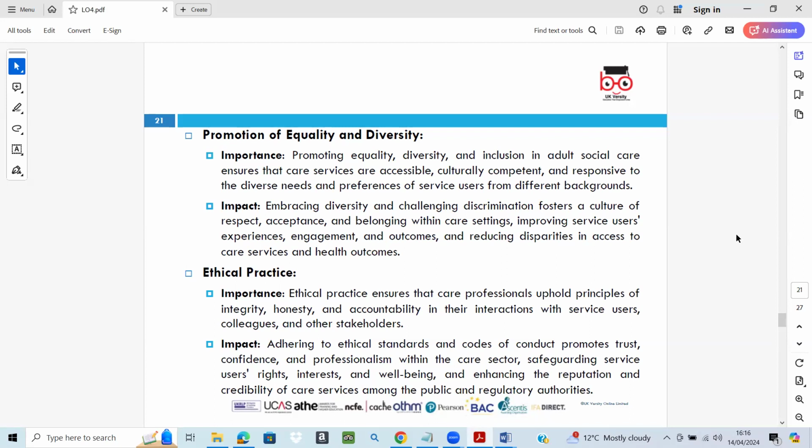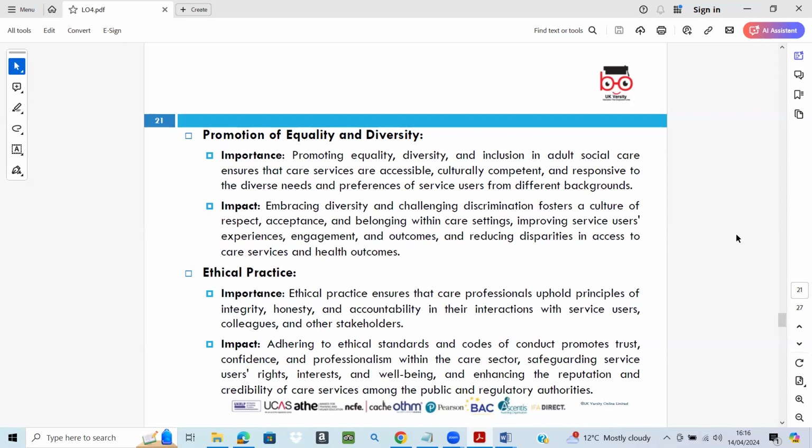Okay, so when we discuss promoting equality, diversity and inclusion, what it does is ensure that care services are accessible to everyone, regardless of their background. It also ensures that services are culturally competent and responsive to the diverse needs and preferences of service users. This is crucial for providing effective and personalized care.